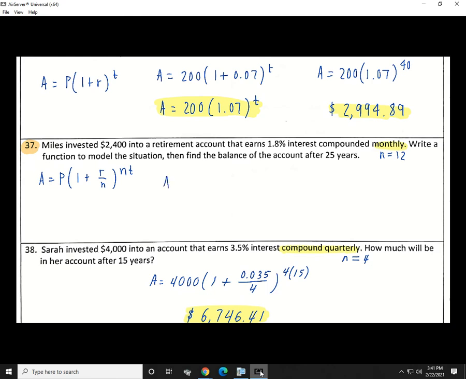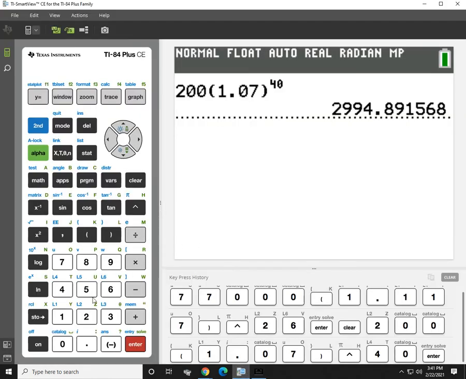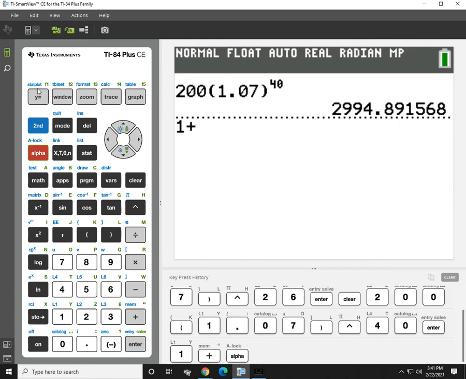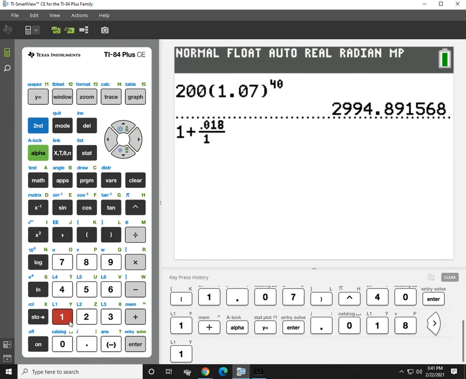So my equation is 2,400 times 1 plus R, which is 1.8%, that's 0.018 over 12 because monthly, raised to the 12t. So let's go over here and type this in and see what this looks like. We have 1 plus 0.018 over 12.